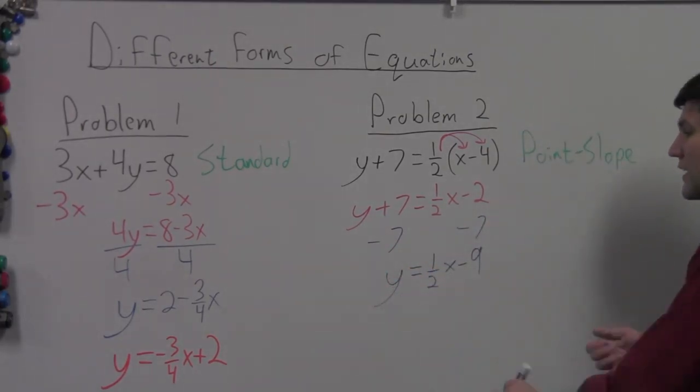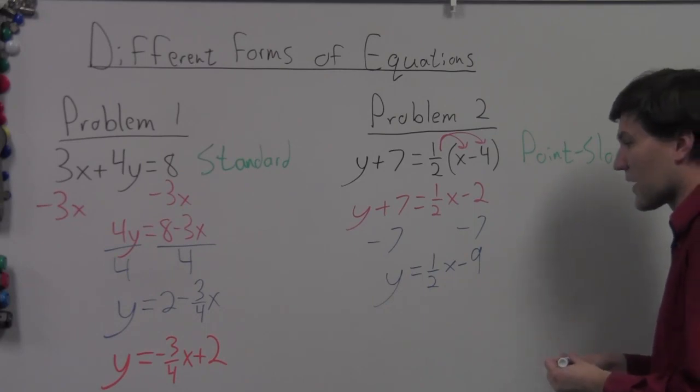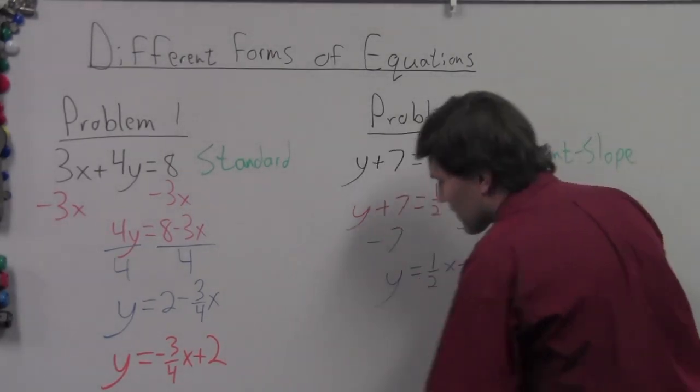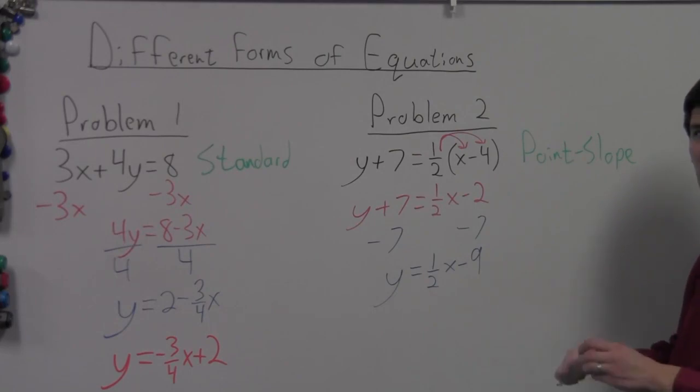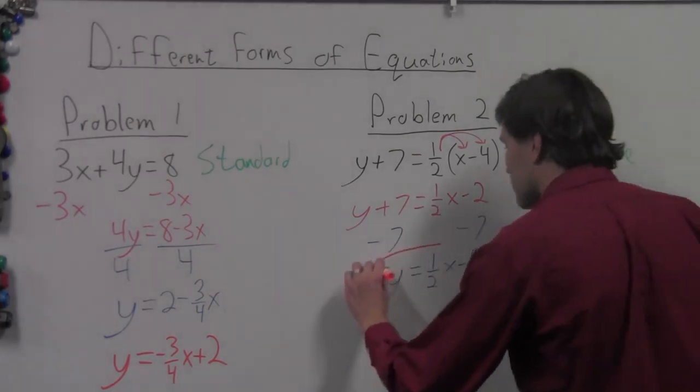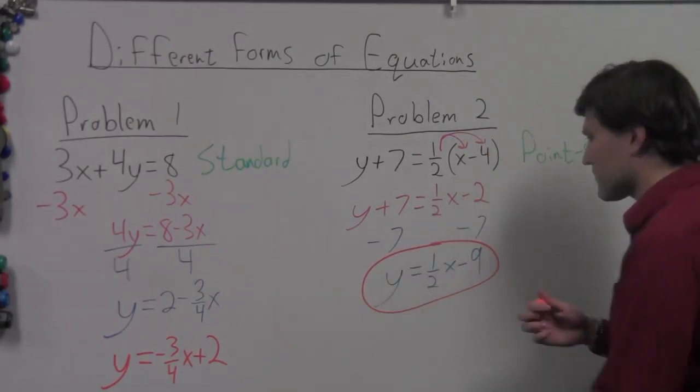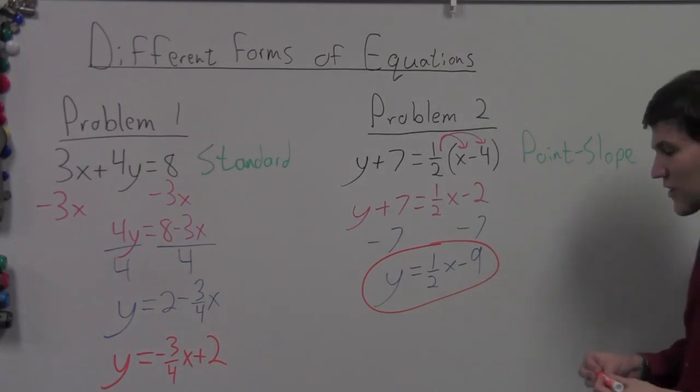So we have y equals 1/2 x minus 9. We verify that this is slope-intercept form. And that is our final answer.